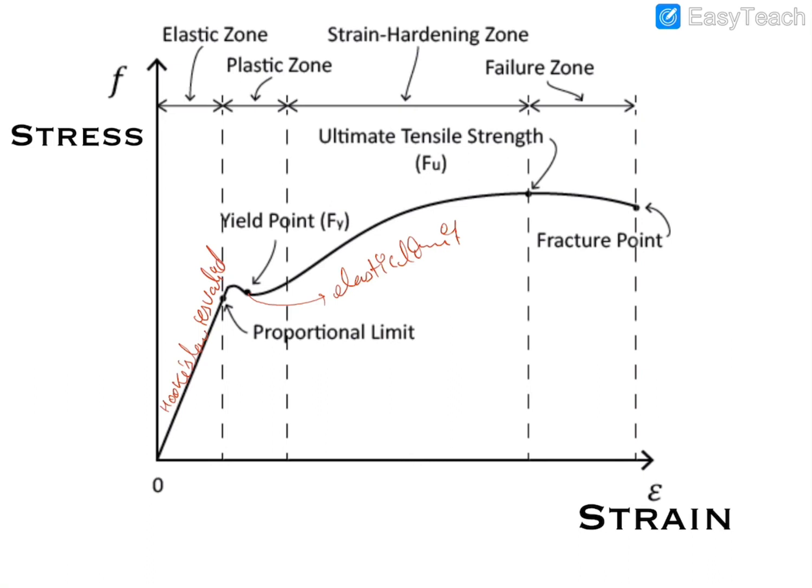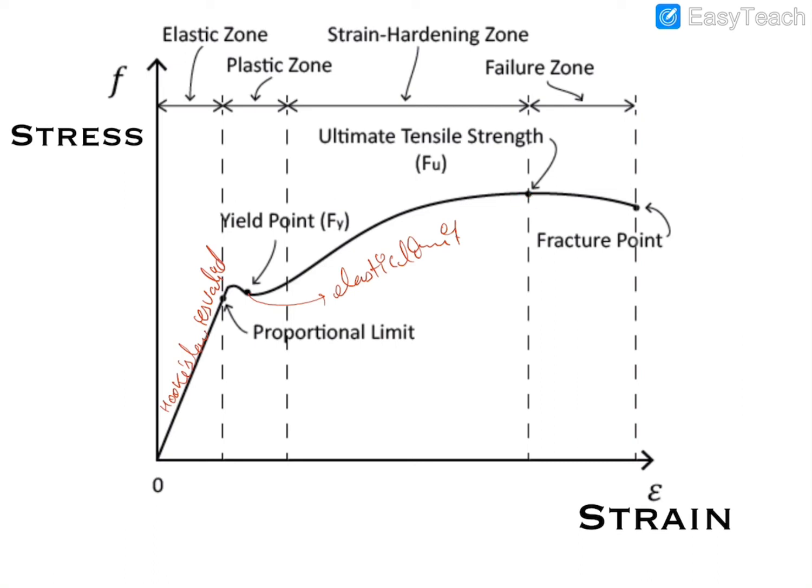And for ductile materials, which can be easily drawn into wires, we need this property that if we stretch them, they neither try to regain their original shape or size, nor do they break down. So this region is long for ductile material, and if this region is short for a material, then that material is called brittle, which will be broken easily.